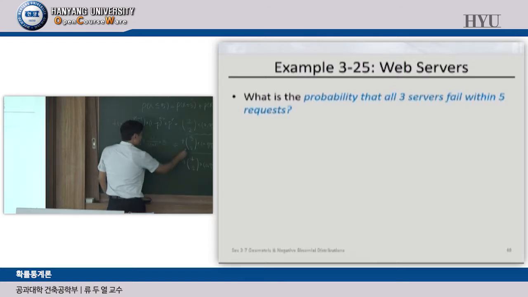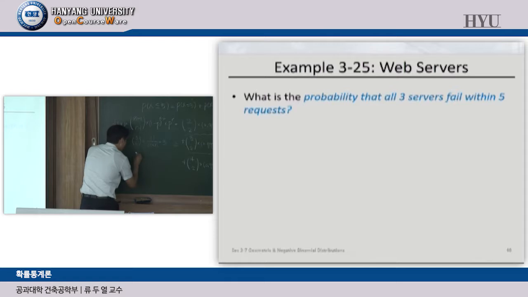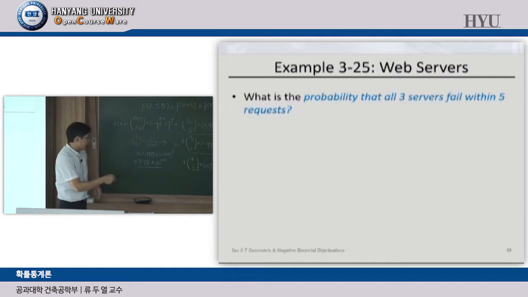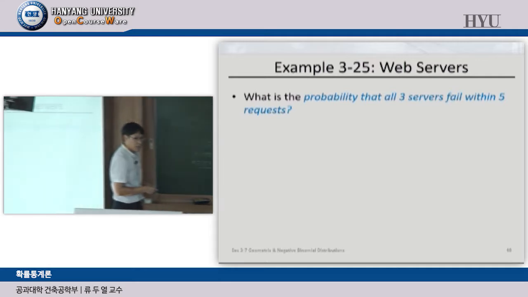And so this equation can be re-expressed as 3 multiplied by 0.9995 multiplied by 0.0005 to the third power. That is equal to 3.75 multiplied by 10 to the minus 10th power. Okay? That is for the second equation.